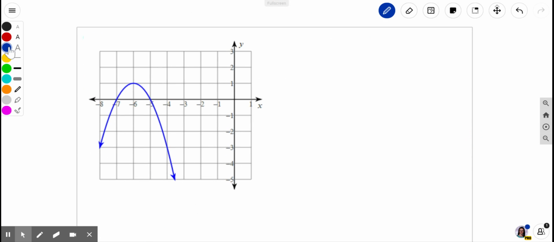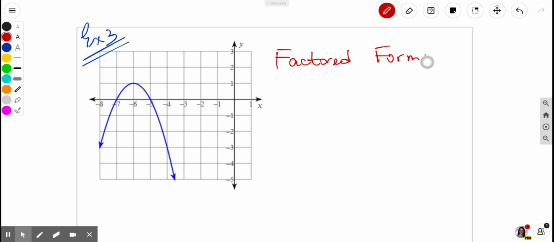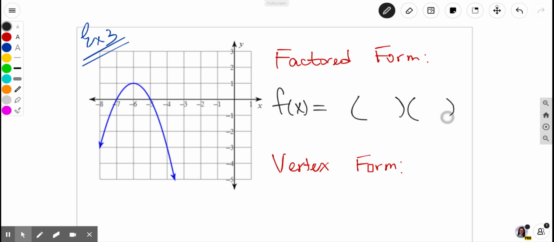All right, so here is our last example we're going to look at together. And once again, I'm going to do factored form with you, and then I'm also going to do the vertex form with you. In factored form, you are going to be using each one of your factors to get a parenthesis.